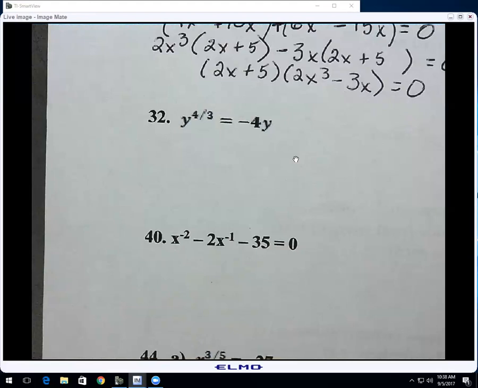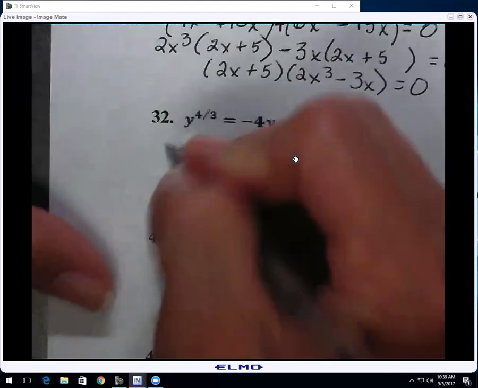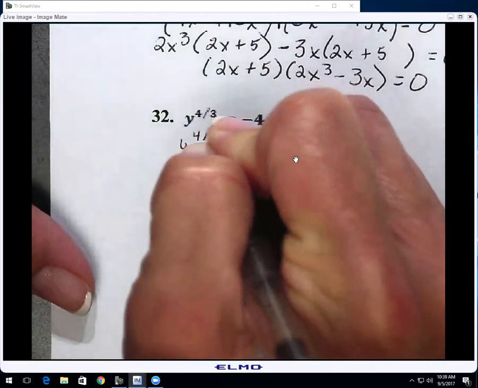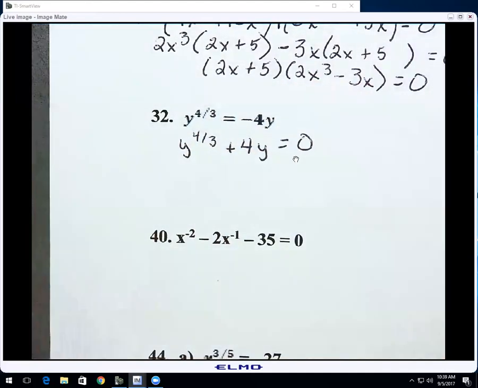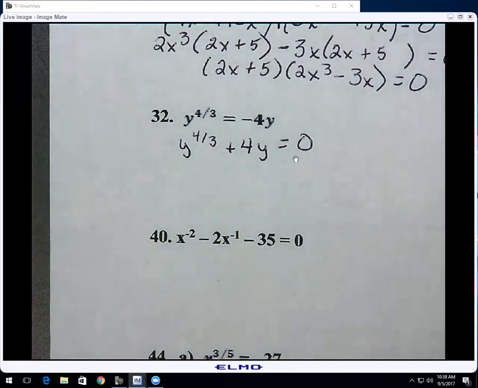Add 4y to this. Get it in standard form. That's what we always do. Get it in standard form, which is set equal to 0. And then pray that it'll factor. Because if it won't factor, it may be a pain. But if it'll factor, we can solve it.